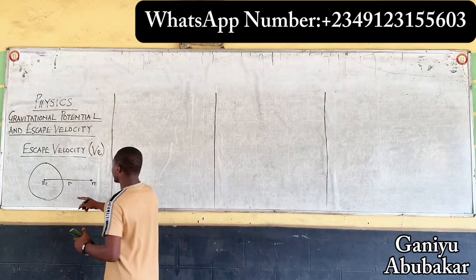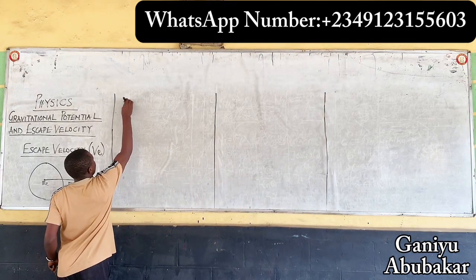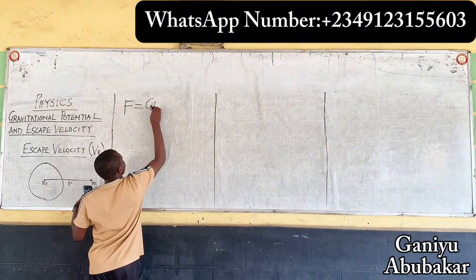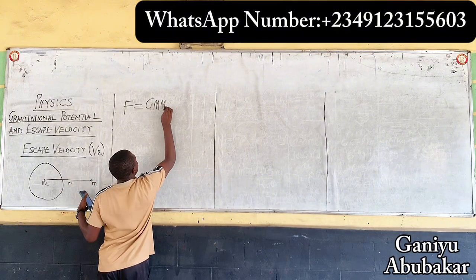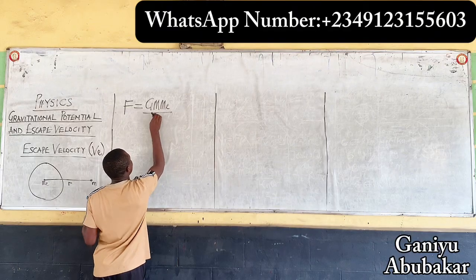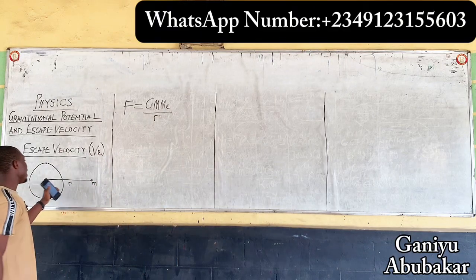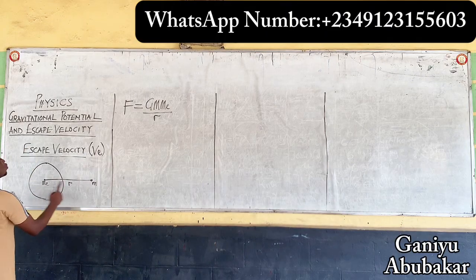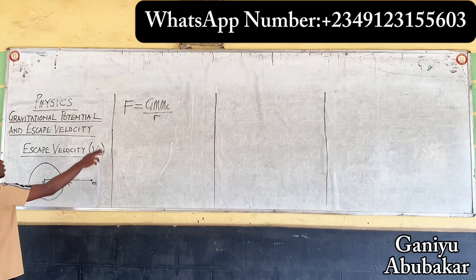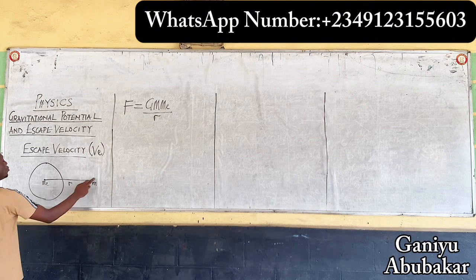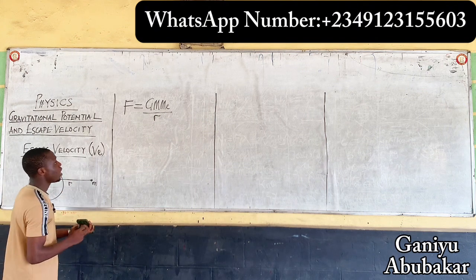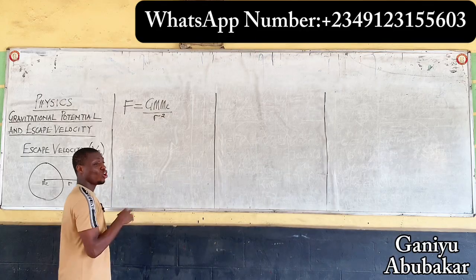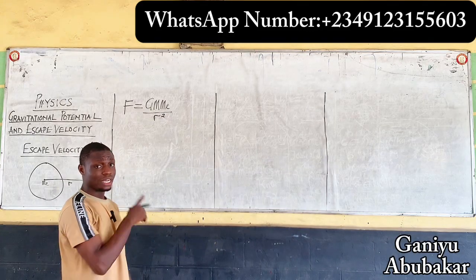The force of attraction F is equal to G M E over R squared, the force of attraction between these two masses, with R the distance between them. So I'm applying the concept of universal gravitation to get this.